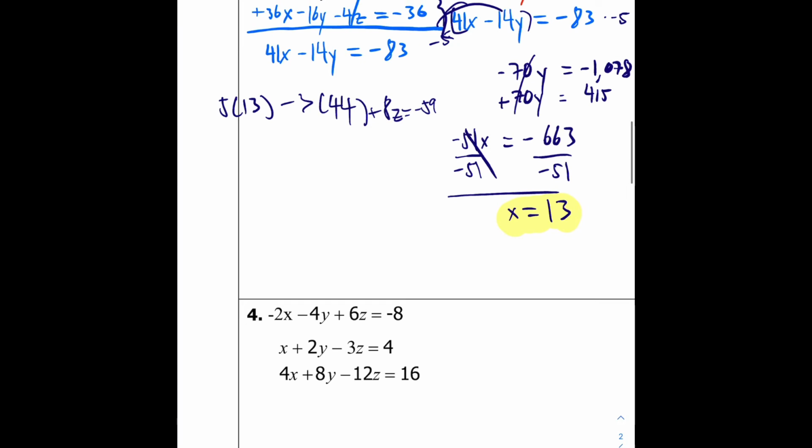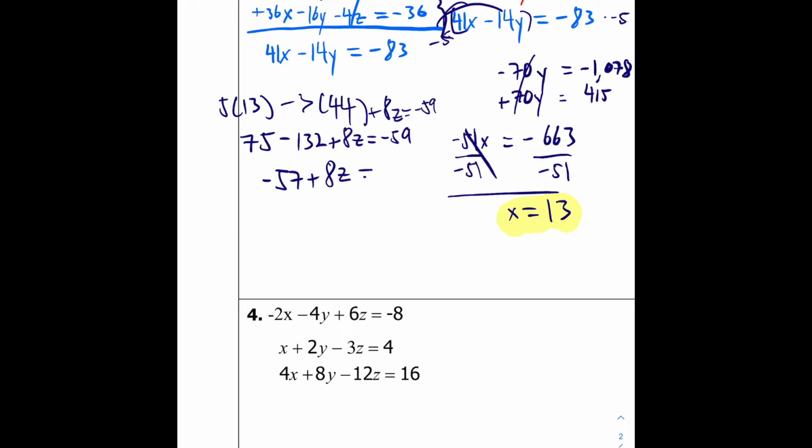Okay. So we get, what's 5 times 13? That's 65. Minus 3 times 44. What's 3 times 44? That's 132. Plus 8z equals negative 59. Okay, 75 minus 132, that's negative 57.